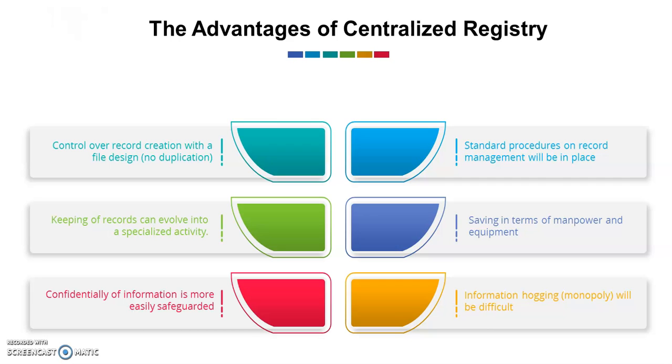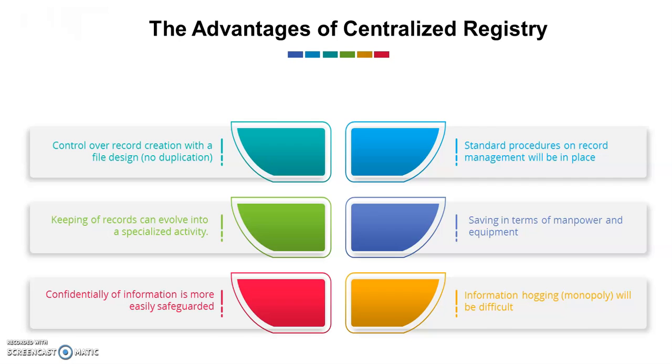Why? Because the security measures for all the current records are in one place. So it is easier for them to monitor the movement of the record itself. And lastly, because of that, information hogging or monopoly of the information will be difficult. Why? Because it is created and put in one place.